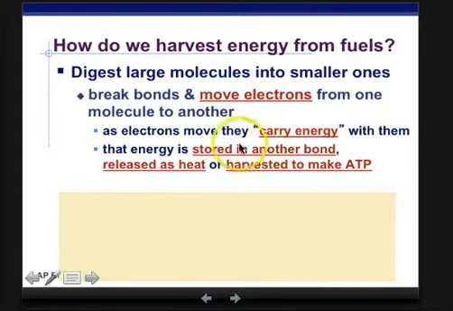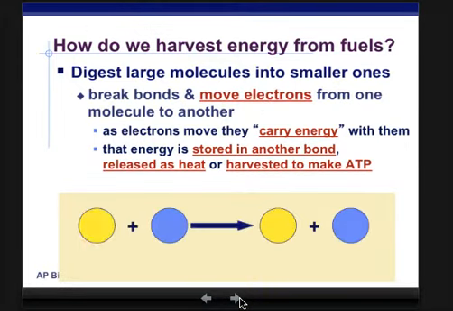And then that energy can be stored in another bond and released as heat or harvested to make ATP. So we're talking about taking large molecules, digesting them into smaller ones, and when we do that, we're breaking bonds. And when we break bonds, we're going to move electrons from one place to another.